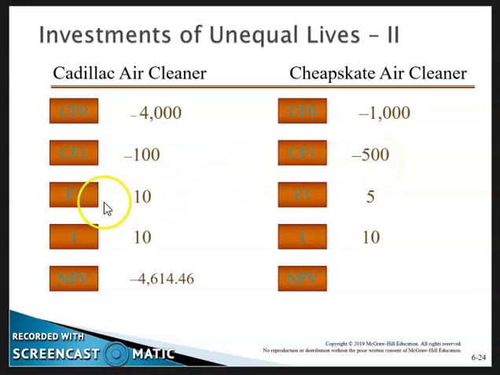But then we have the frequency. This is 10 for the Cadillac and 5 for the Cheapskate. So we compute the NPV with our I of 10%, and we see that the NPV for the Cadillac air cleaner is considerably more. The problem is that these 2 projects have different lives, so we have to take an additional step.